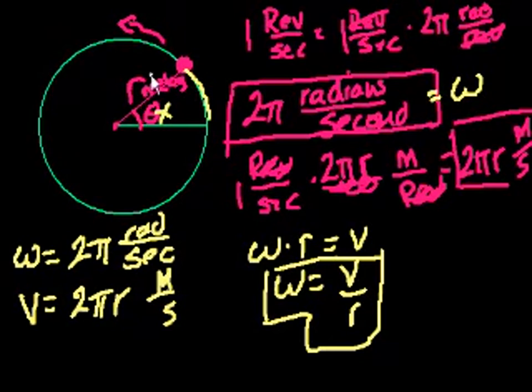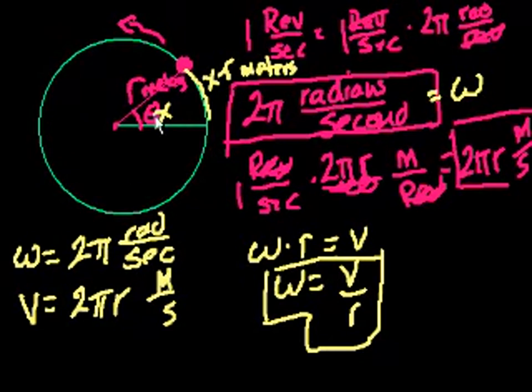So if each radius is 2 meters, it would be x times 2 meters. So if this is x radians, then this is going to be x times r meters. And that actually comes from the definition of the radian. And that might be more intuitive to you than the original expression, or less. So hopefully one of those two works.